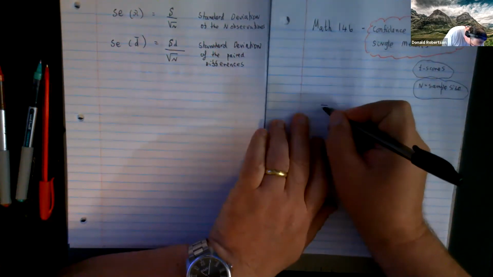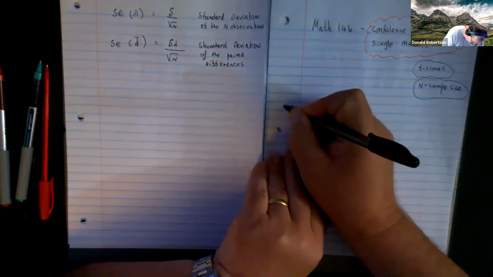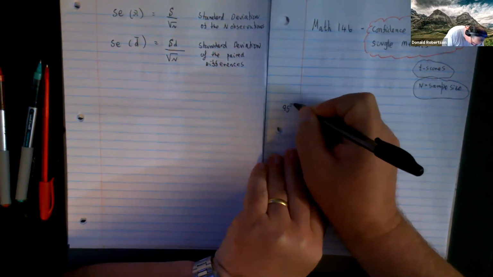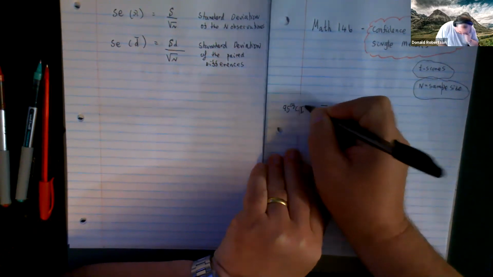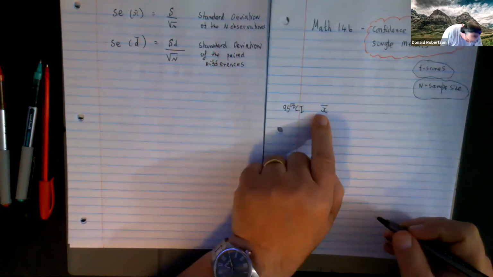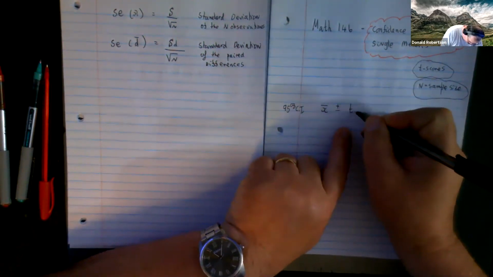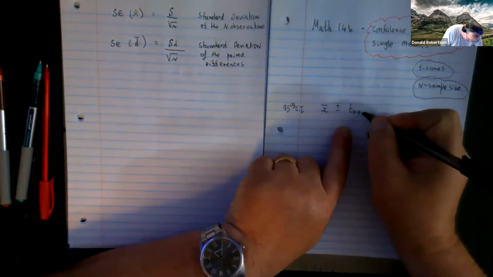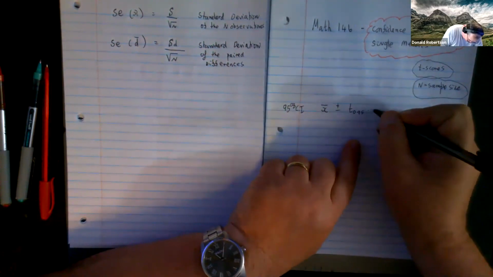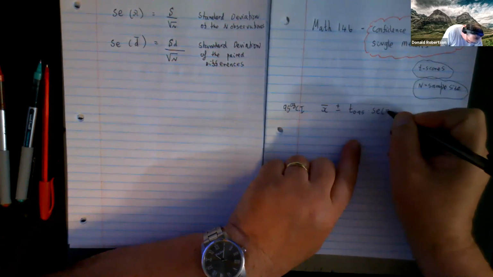So let's give you the generic version of what the formula looks like. If I wanted to get a 95% confidence interval of a sample mean, it'd be X bar, the sample mean, plus or minus the magic t-score for 95% times the standard error of X bar.